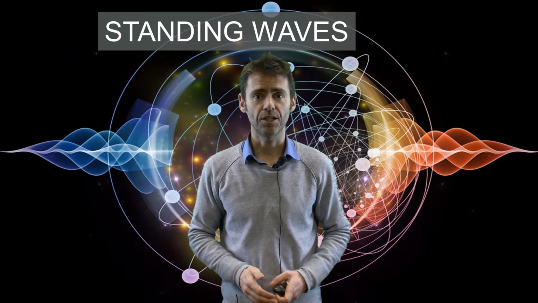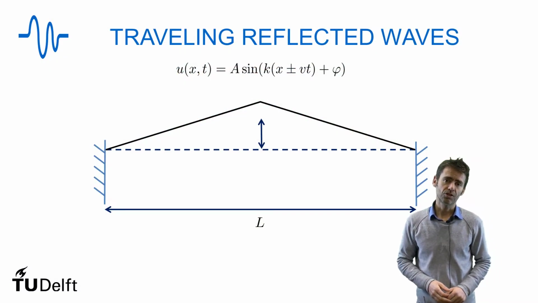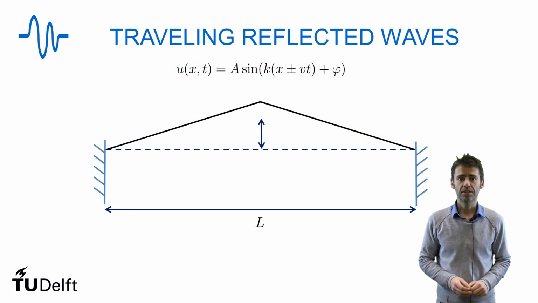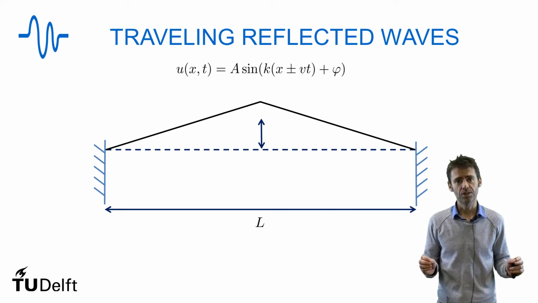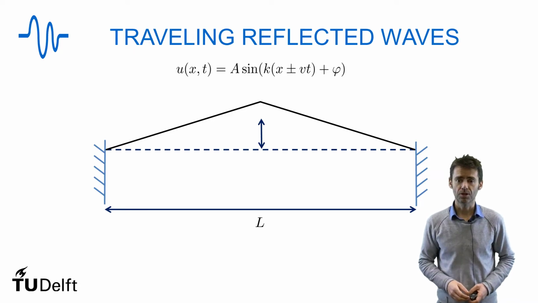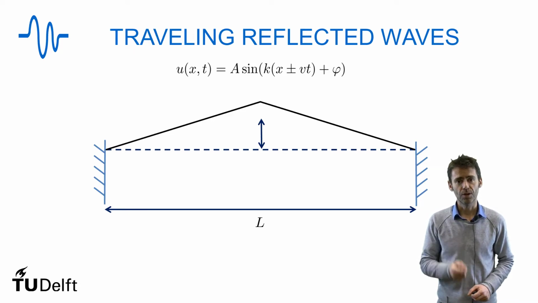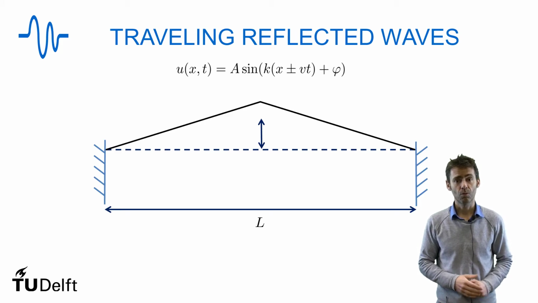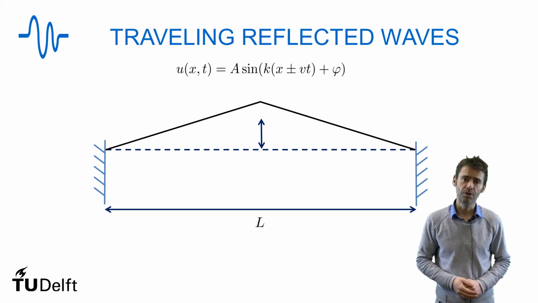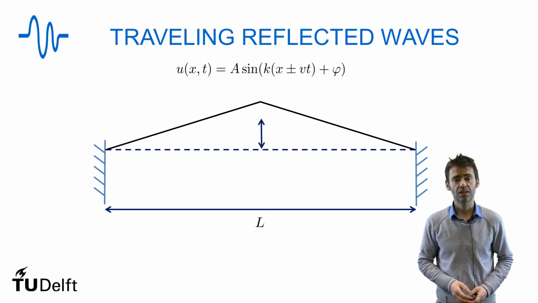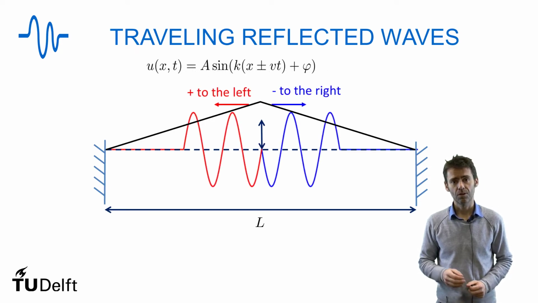So how do we make standing waves? Now consider I have a rope that I fix between 2 points, for example to the wall. Now, if I start oscillating this rope, for example at the center, with a harmonic oscillation at frequency omega, what happens? Now, from the previous unit you know that we will get 2 traveling waves that move to the left and to the right.